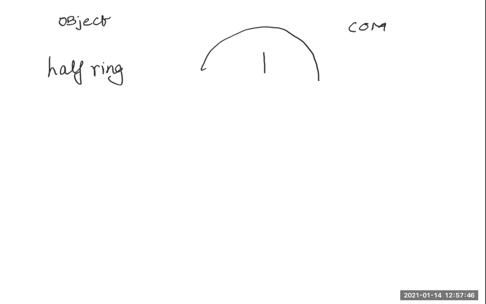Okay, so object and center of mass. What have we seen so far? We saw half ring, center of mass is equal to 2r by pi.